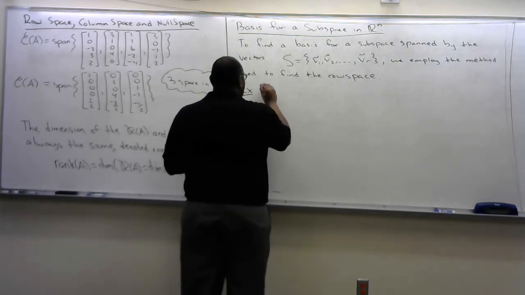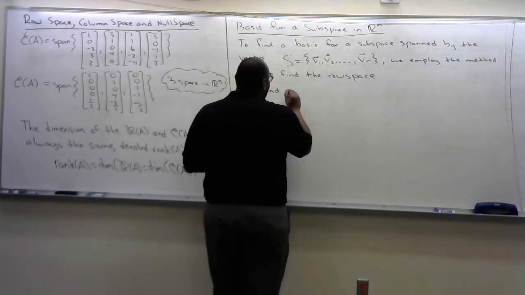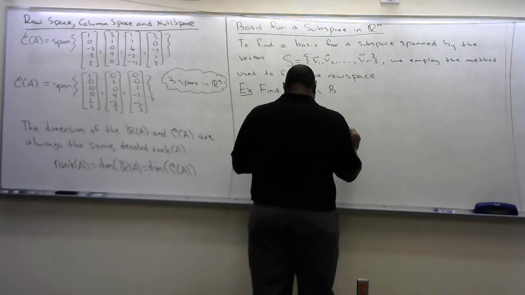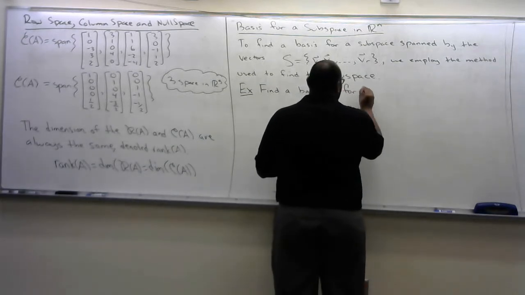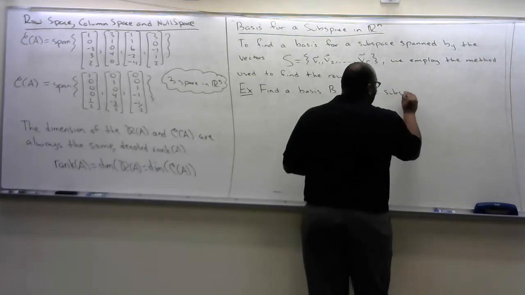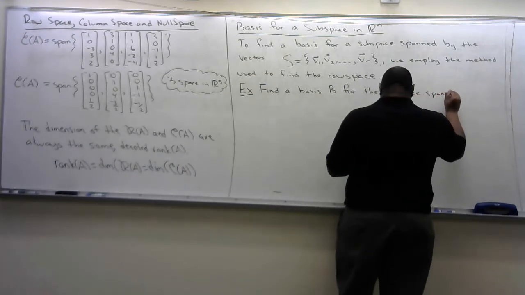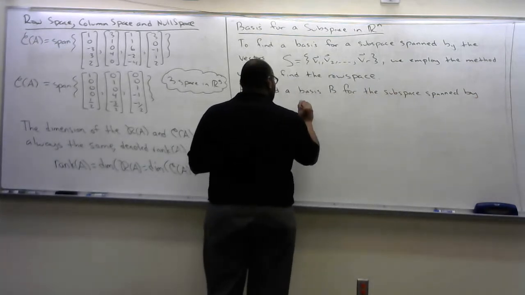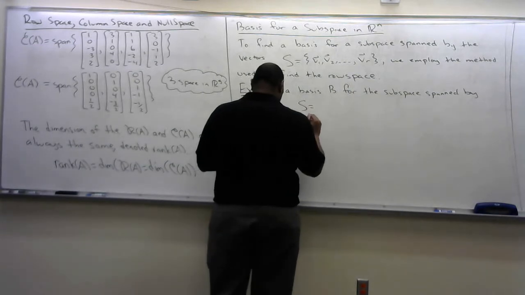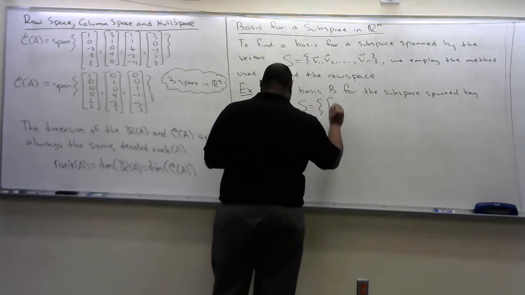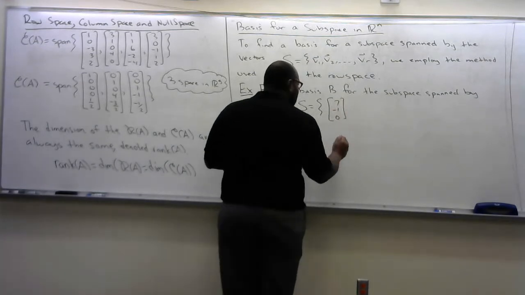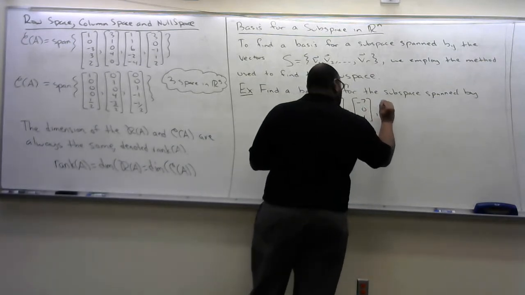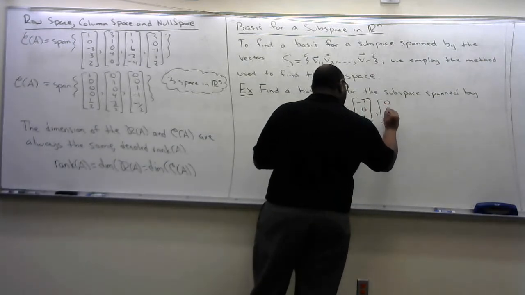Find a basis B for the subspace spanned by S equal to 7, -1, 0, -7, 0, 1, 0, 5, negative 5.